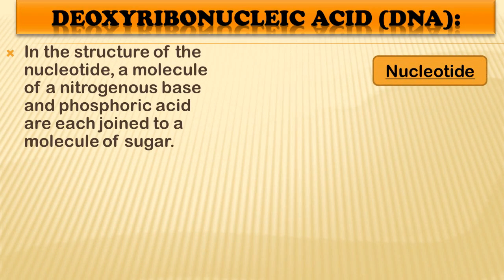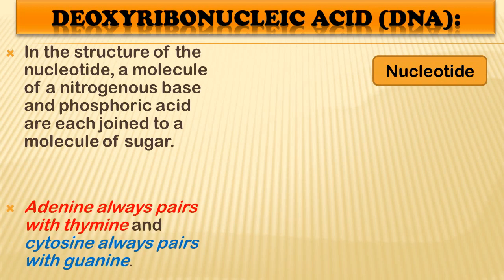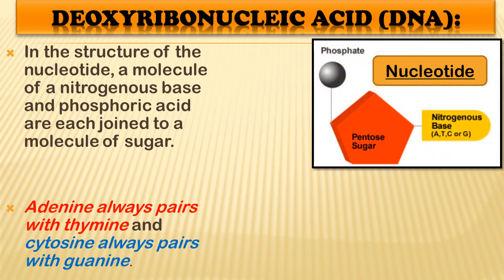In the structure of the nucleotide, a molecule of nitrogenous base and phosphoric acid are each joined to the molecule of a sugar. Here we have the structure of a nucleotide, in which you can observe the phosphate group attached to the pentose sugar, or 5 carbon sugar.